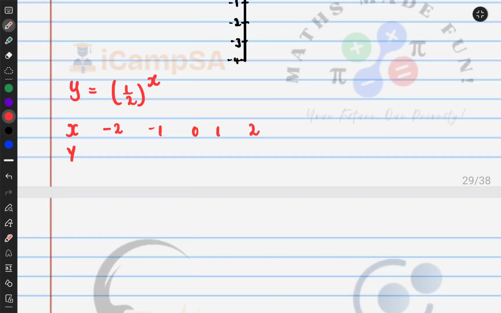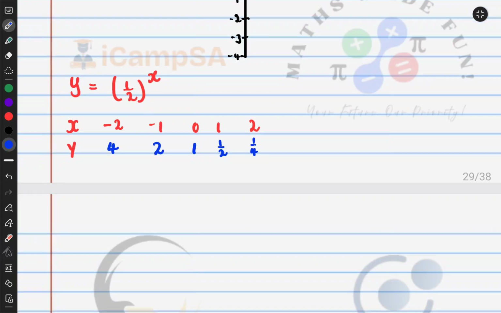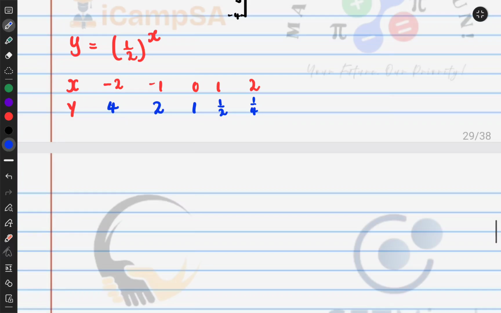Oh, it's 4. And then we have 1/2 to the power of negative 1, which is 2. And then 1/2 to the power of 0 should be 1. And then for 1 we have 1/2, and for 2 we have 1/4.